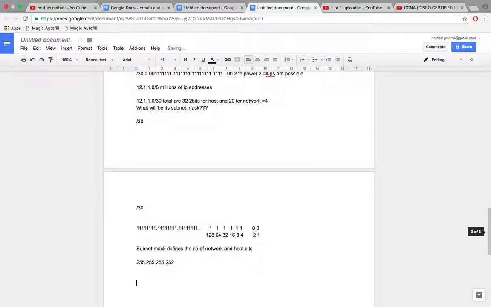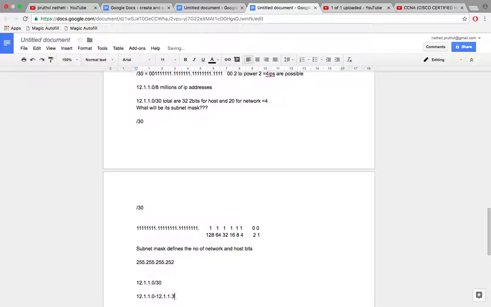Okay, I'll give you some other examples so that it will become very easy to understand. So suppose this network is 12.1.1.0/30. 4 IP addresses. The range is 12.1.1.0 to 12.1.1.3.